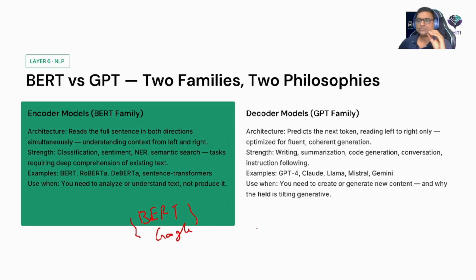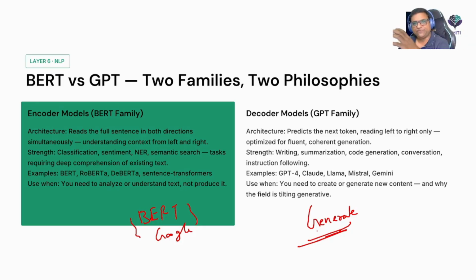BERT is mainly used to understand the text. GPT is mainly used to generate the text. Simple, right? So BERT reads the full sentence from both directions to get the complete meaning.